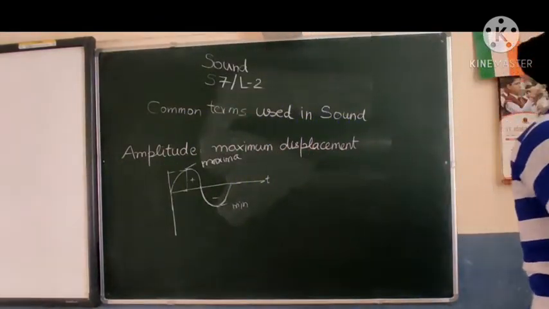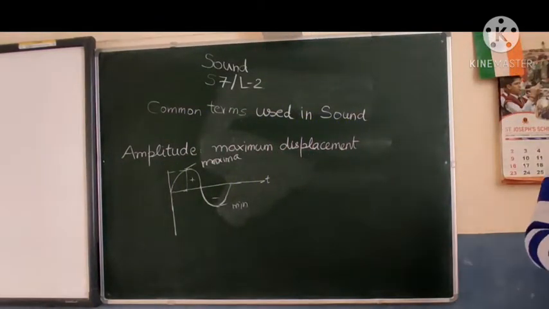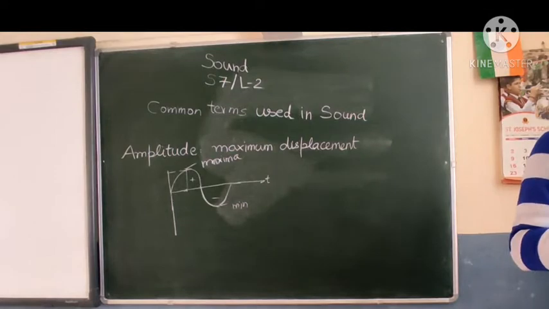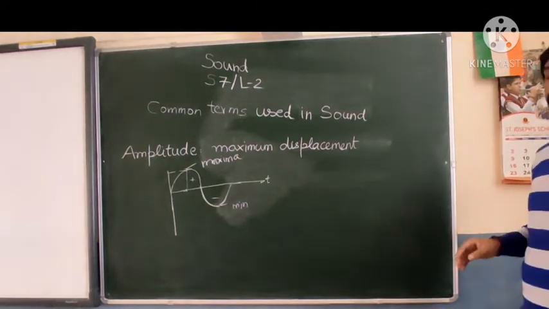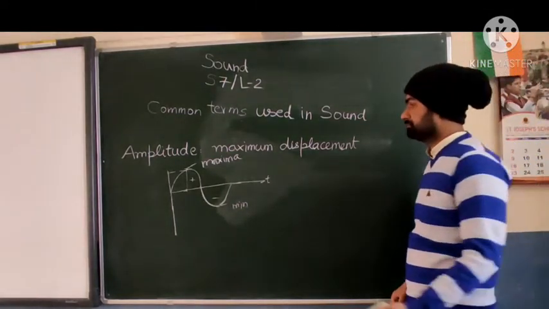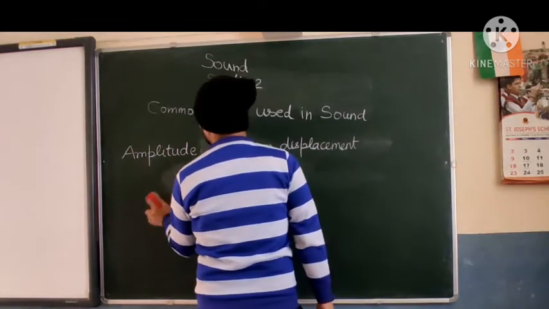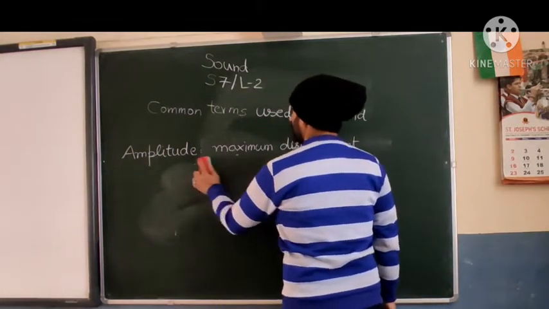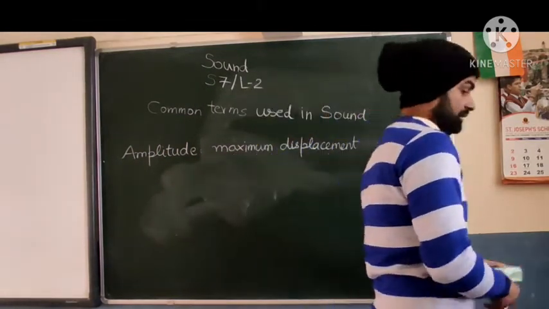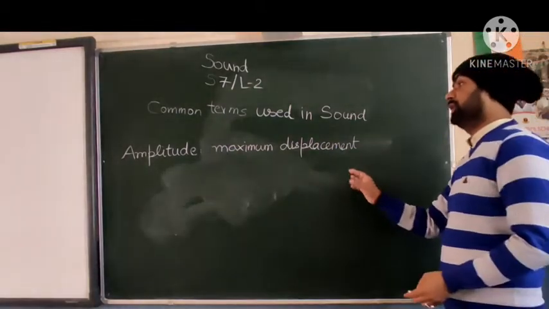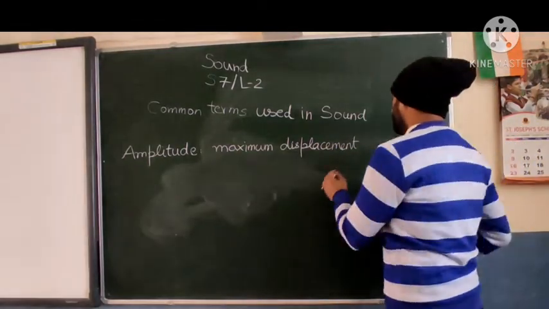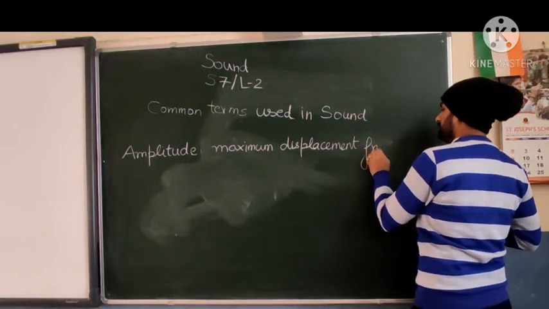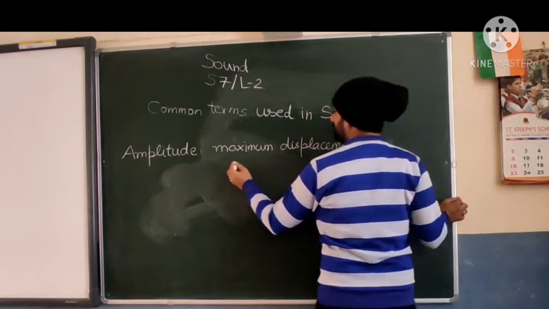These are all things we are telling with respect to the tuning fork. If you are talking about the tuning fork, only maximum displacement won't help you. You have to write from the mean position.